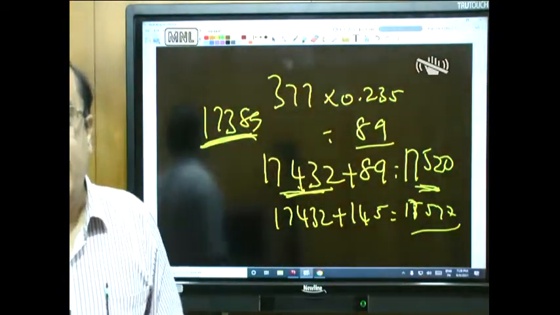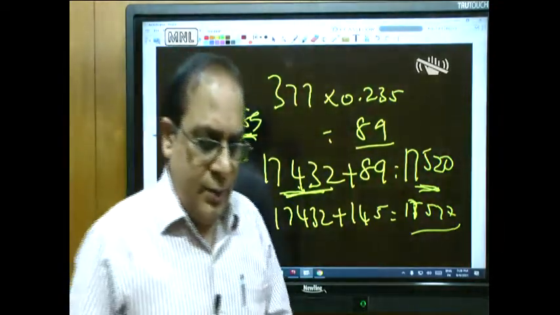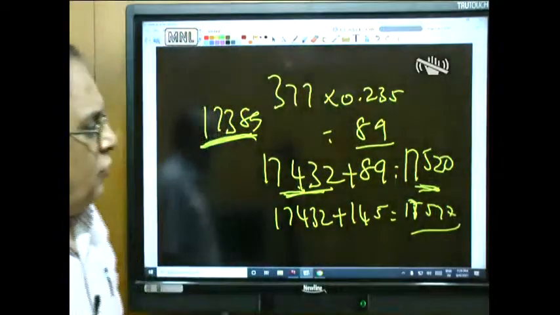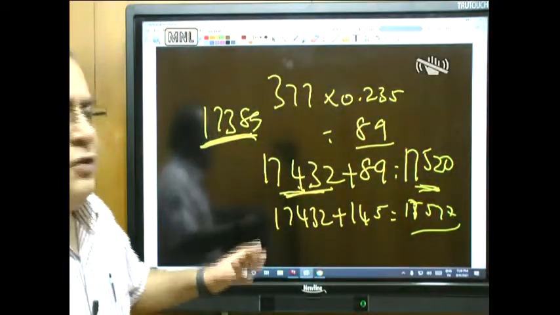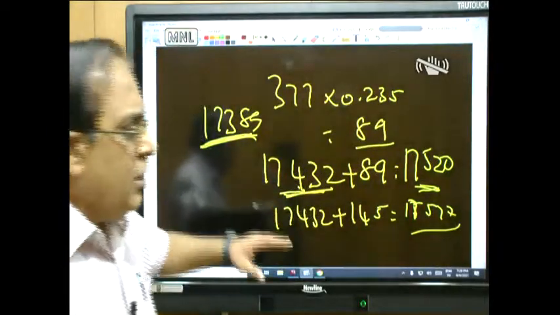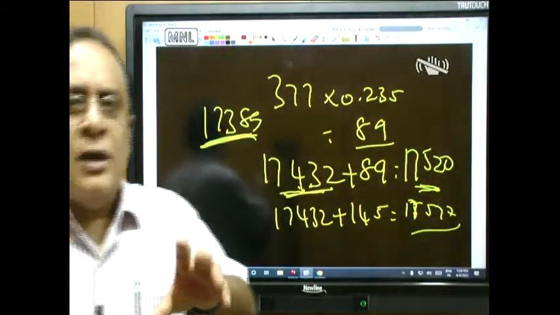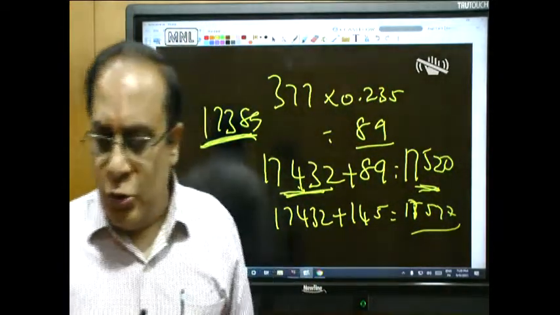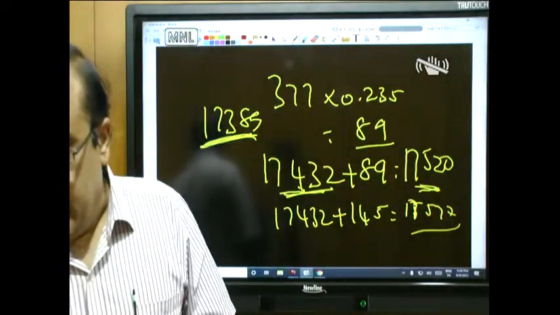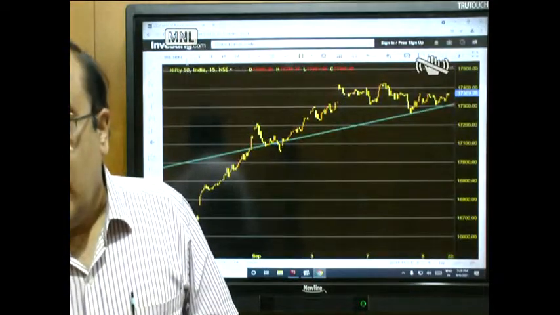That's probably an area where we could see some sort of resistance. So it's still on the long side, but the market is at dizzying height, so we need to be careful. Whatever we saw right now, we can see in Bank Nifty also, and there we will use a trend line to showcase how you can use it. So we go to the Bank Nifty.